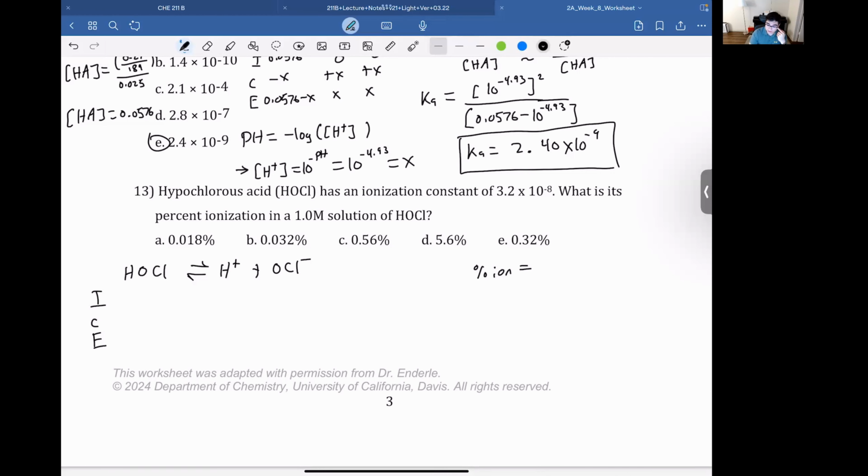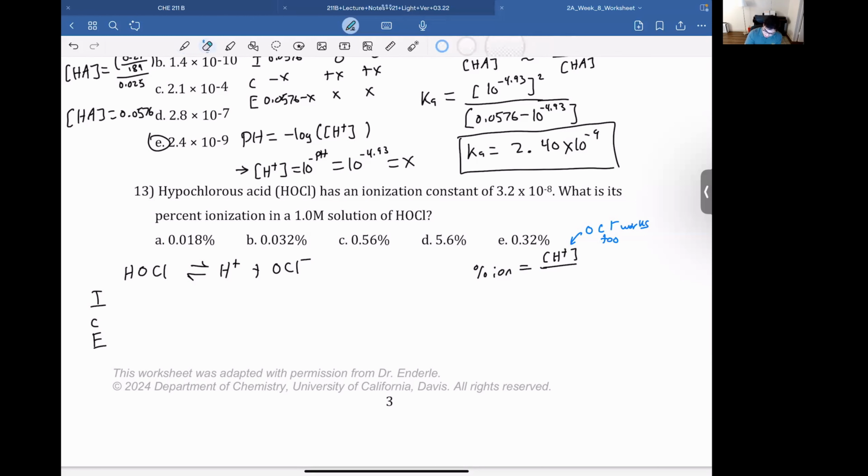The percent ionization is going to be the concentration of the ion. So in this case, H plus, it could also be OCl minus. Actually more accurate to do OCl minus because H plus is from the ionization of water as well, but we're not going to consider it.